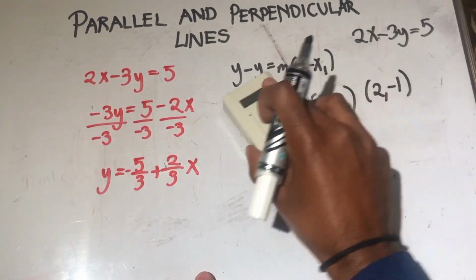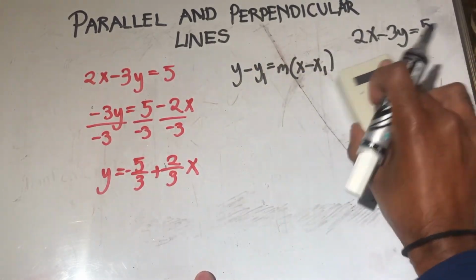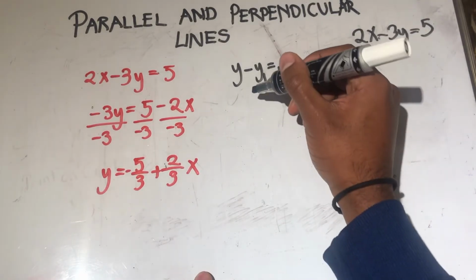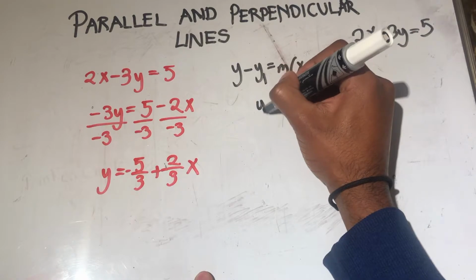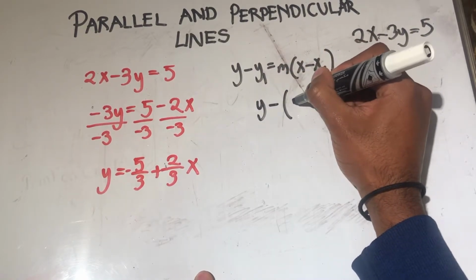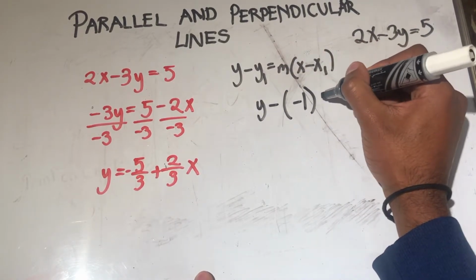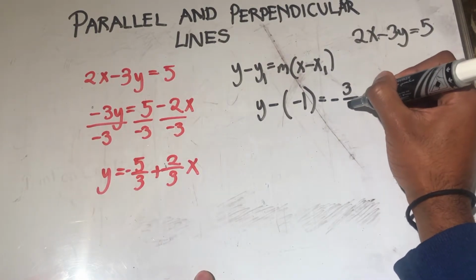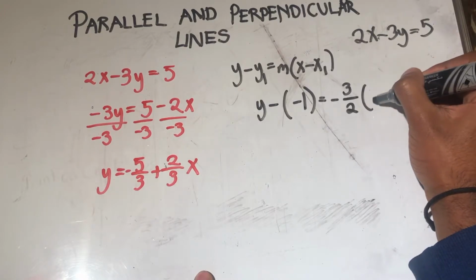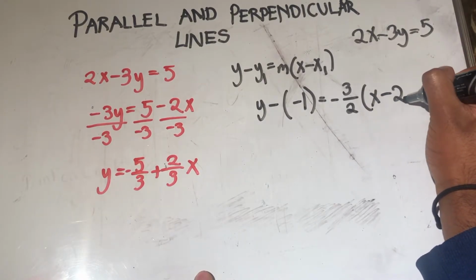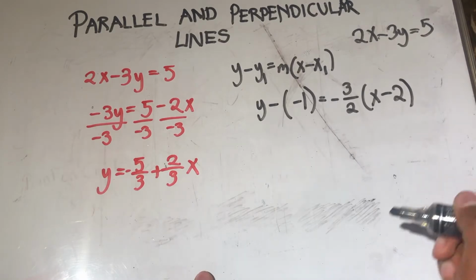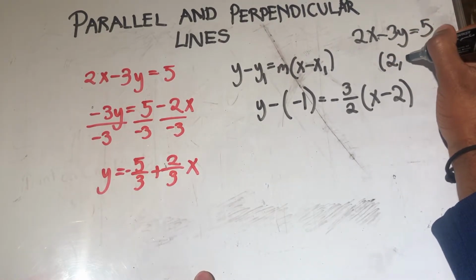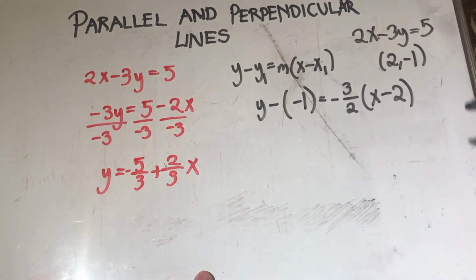Now let's erase this. So we get y minus negative 1 is equal to negative 3/2 times x minus 2. And I'm going to write the point right here.